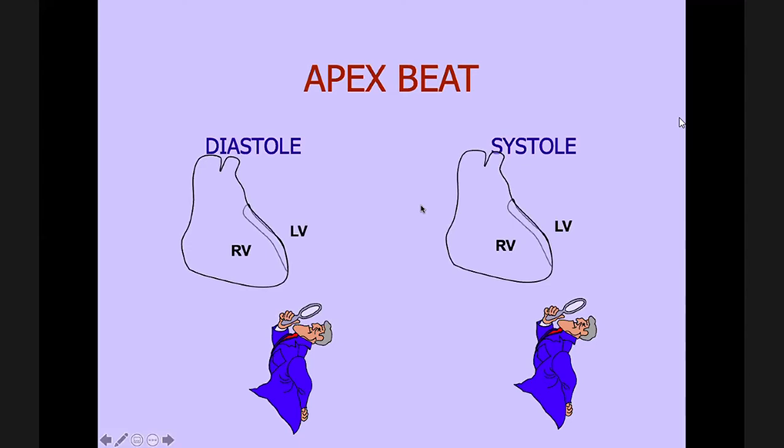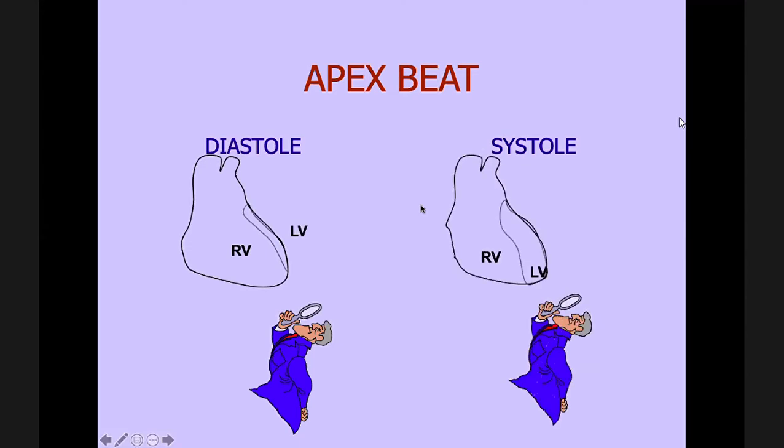During diastole. But however, during systole, there is a counterclockwise rotation of the heart, so that the apex will now strike the wall. Kaya you can appreciate the apex beat, especially kung hypertrophied ito ang imo left ventricle.